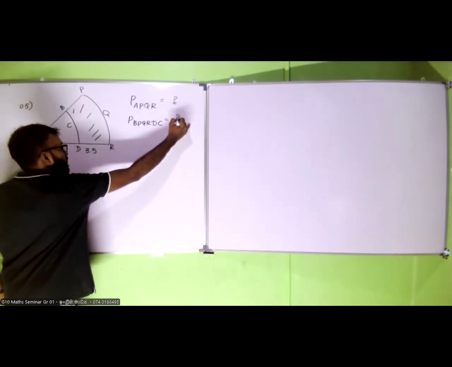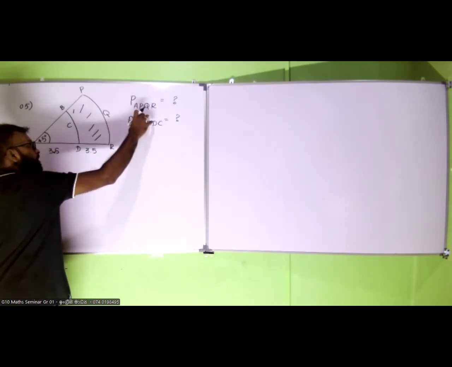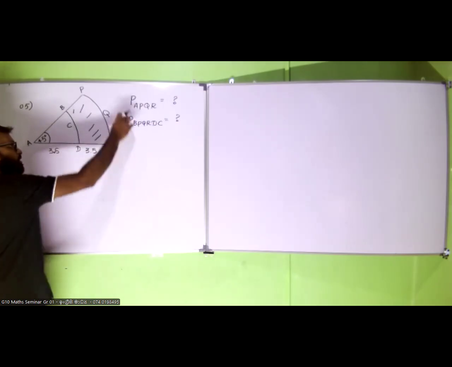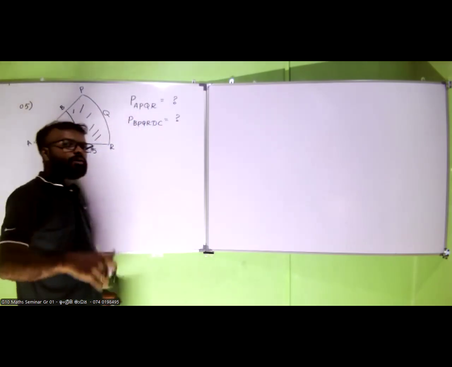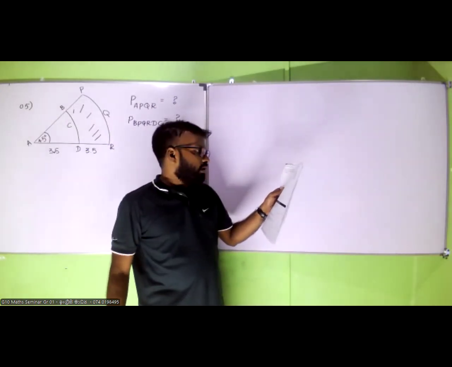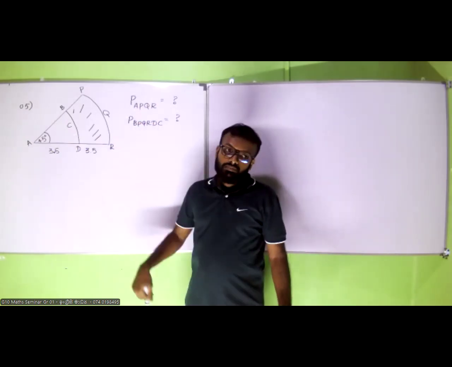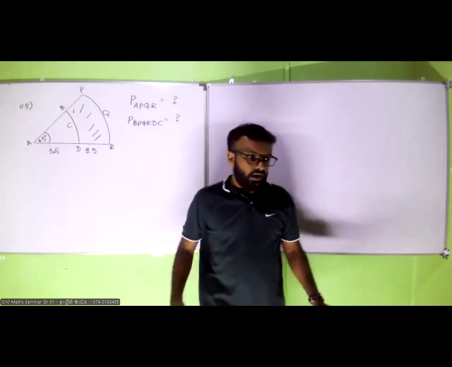This is the biggest perimeter, and we have to subtract these two, then you can get the right comparison. How much greater is the APQR perimeter than this one? Right. So let's do them.